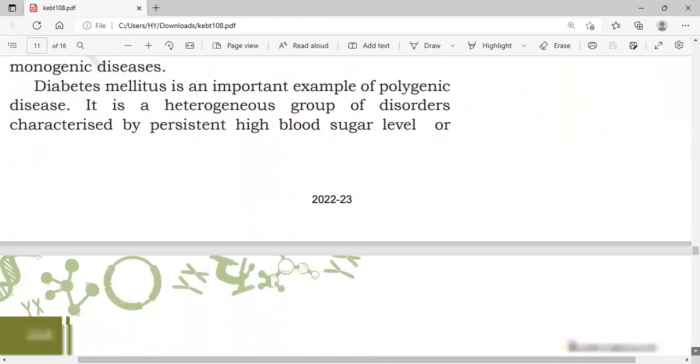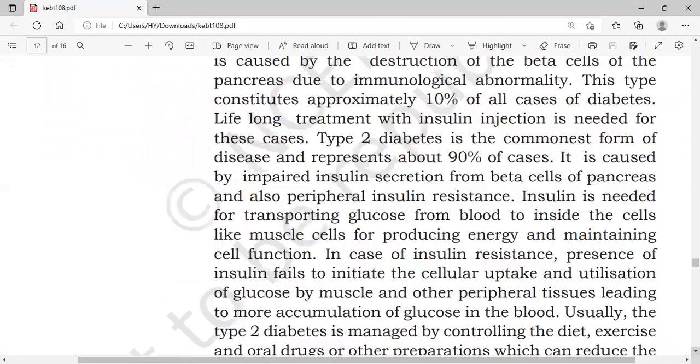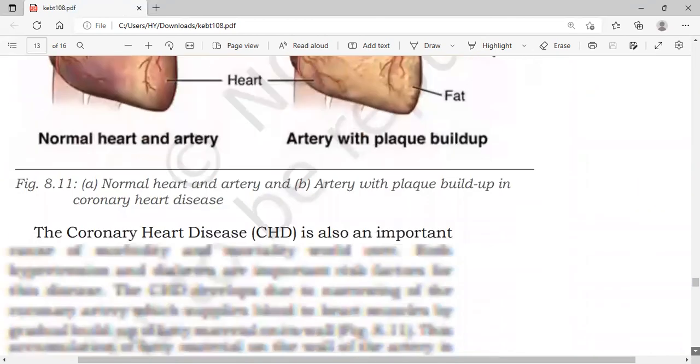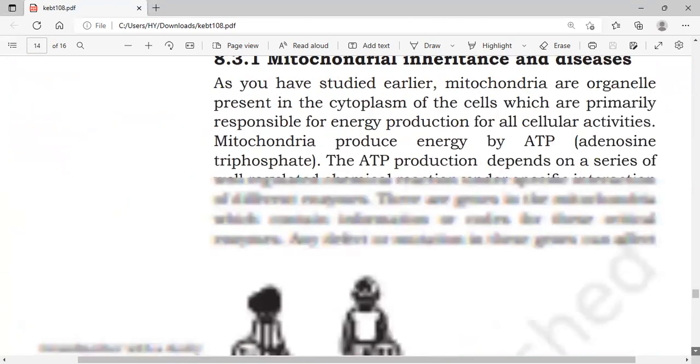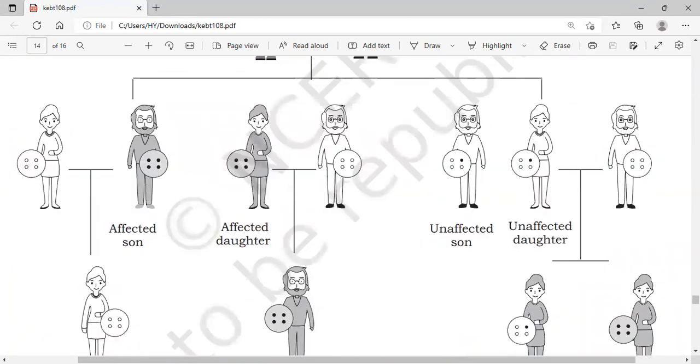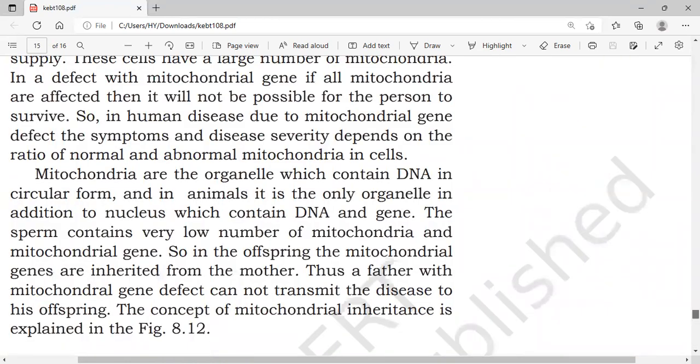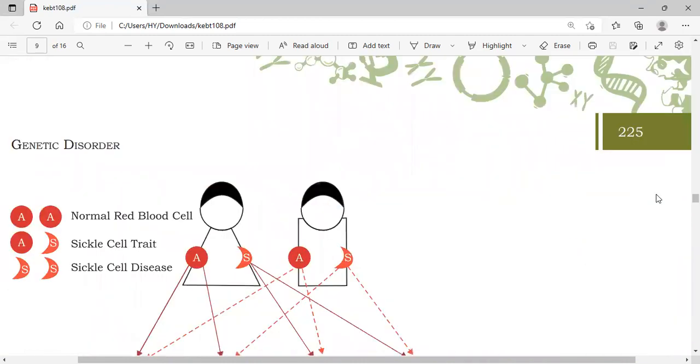Polygenic disorders also we will be covering in our next video, because today we have discussed the introduction of the genetic disorder chapter, and the types of disorders, and even the types of chromosomal disorders we have discussed in this chapter.